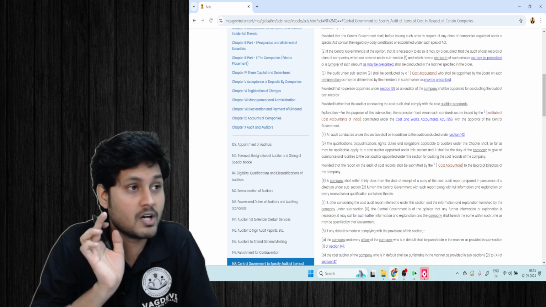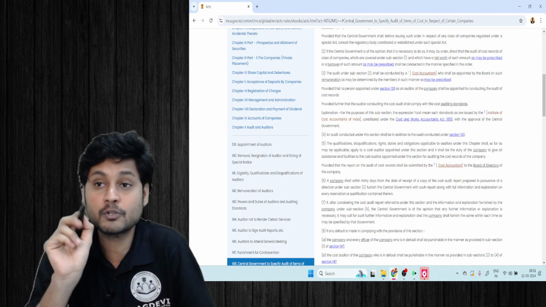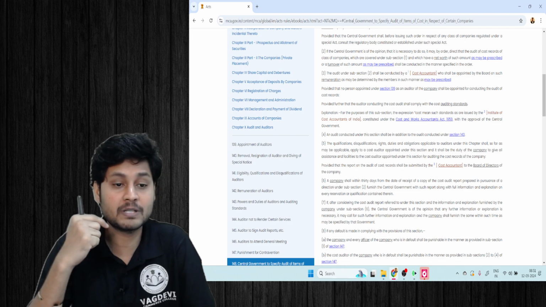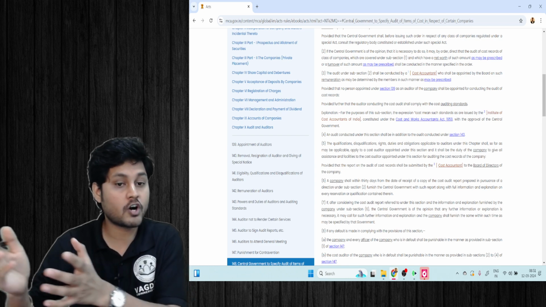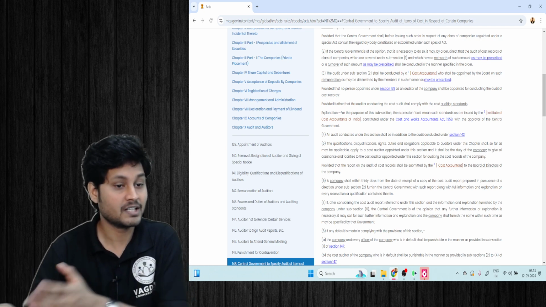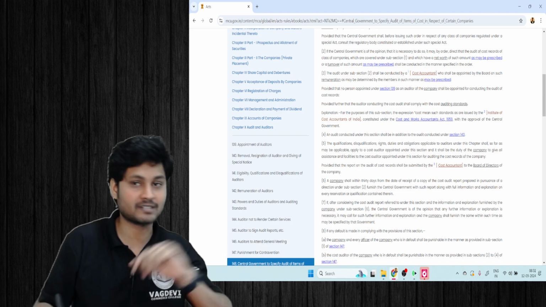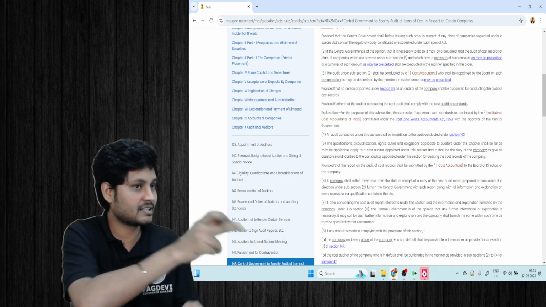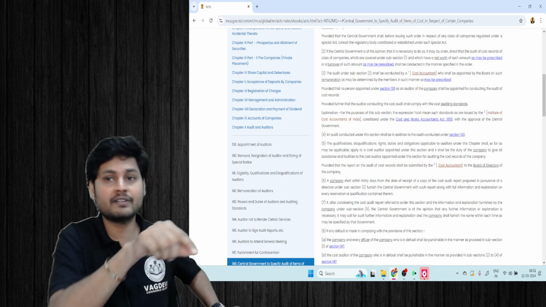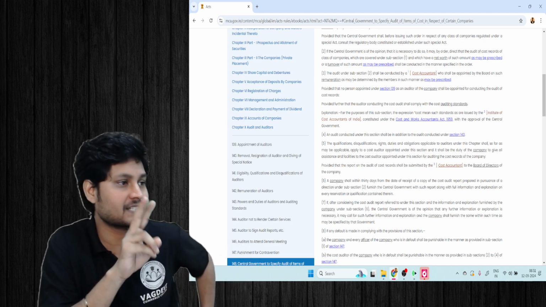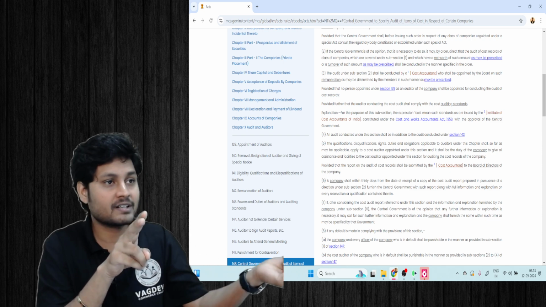So subsection 2 talks about audit. The central government may order that sector to get its cost records audited, of those sectors covered under subsection 1. So to be covered under section 148 subsection 2, first of all you must be covered under subsection 1.